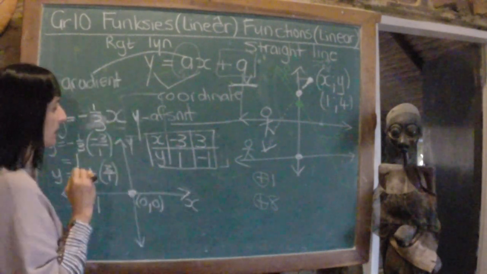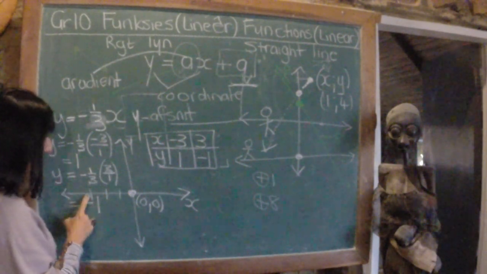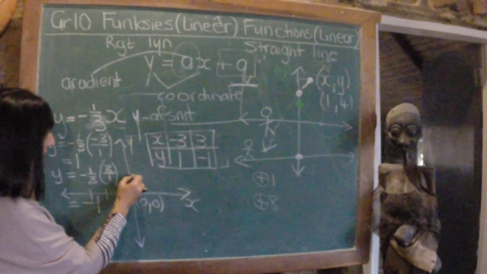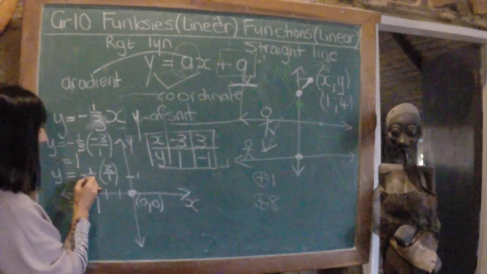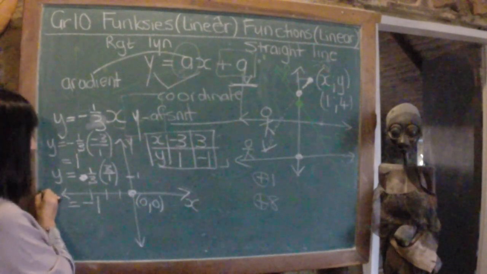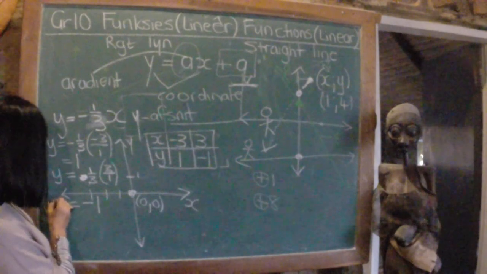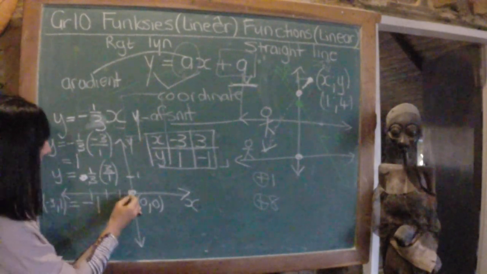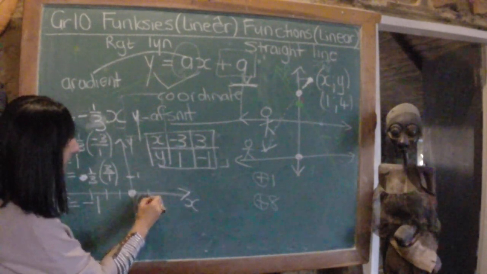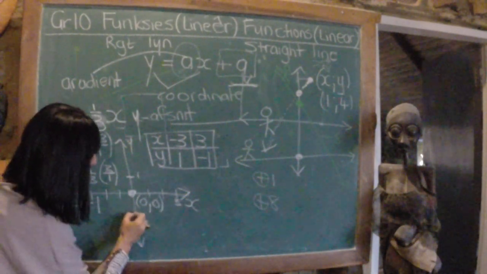So kom ons gaan teken die koördinate. Minus 3, daar is ons minus 3 en op die y-as het ons 'n plus 1. So as ek my koördinaat daar maak, is sy naam die koördinaat minus 3 en 1. That coordinate I've got en die ander koördinaat is 3 en minus 1.